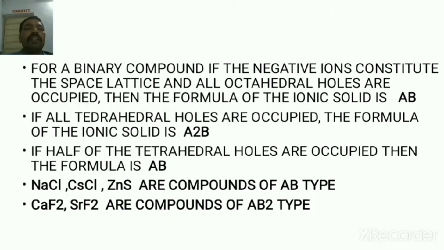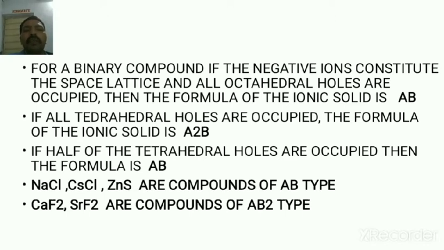Now, extra information for a binary compound. If the negative ions constitute the space lattice and all the octahedral holes are occupied, then the formula of the ionic compound is AB. If all the tetrahedral holes are occupied, the formula of the ionic compound is A2B.